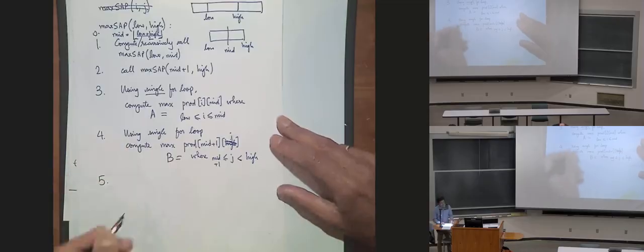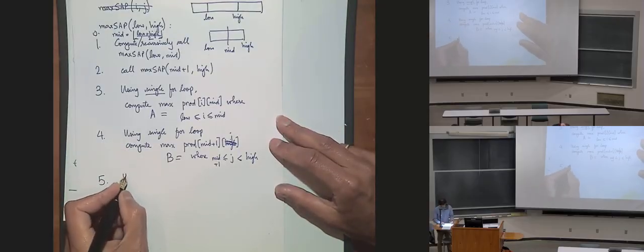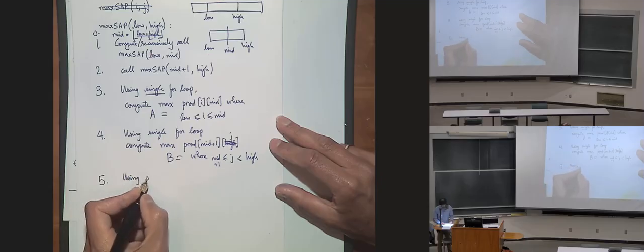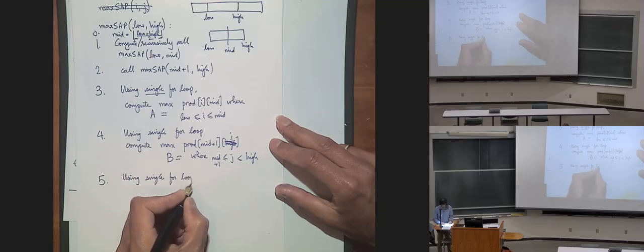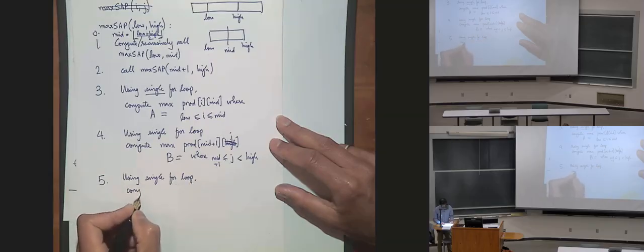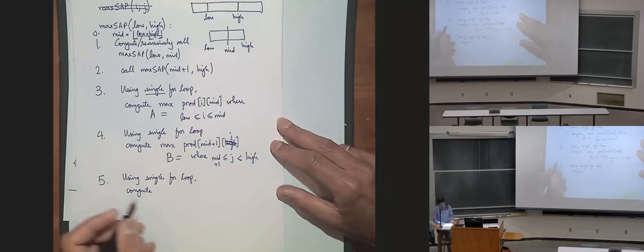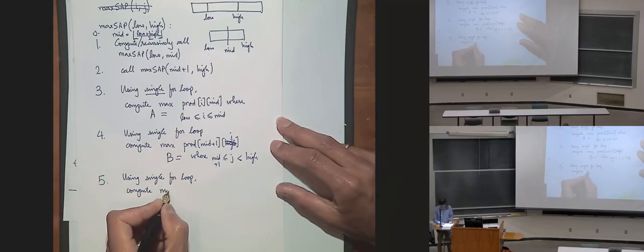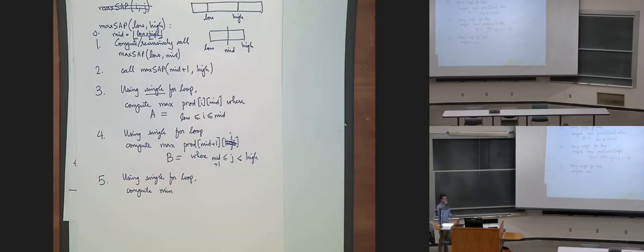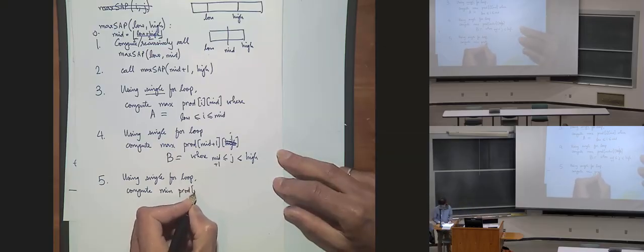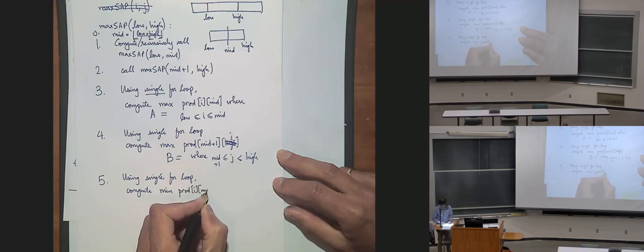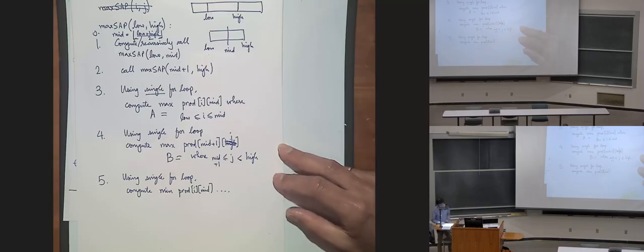Then I do the same thing, I'm just going to write it out as step 5: using a single for loop, compute the min, right? So you have to do the smallest negative one, which is just the min over everything, right? So you compute the min product i to mid as before.